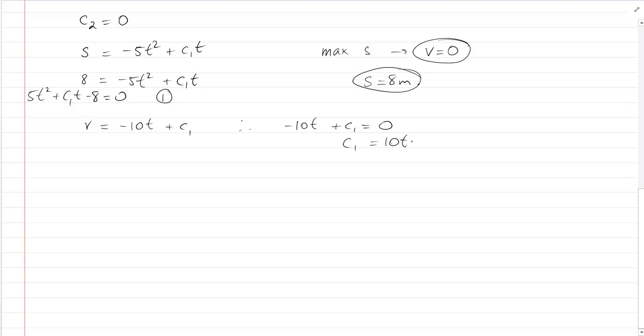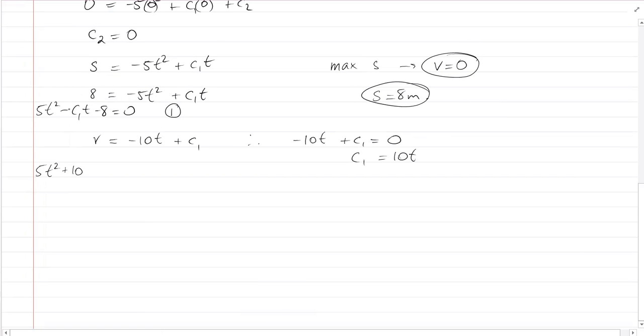Now working at this very specific moment, we can substitute in c1 equals 10t to get 5t squared minus 10t squared plus 8 equals 0, leaving us with negative 5t squared plus 8 equals 0. I made a couple of sign mistakes there, so I hope somebody spotted that while watching the video.